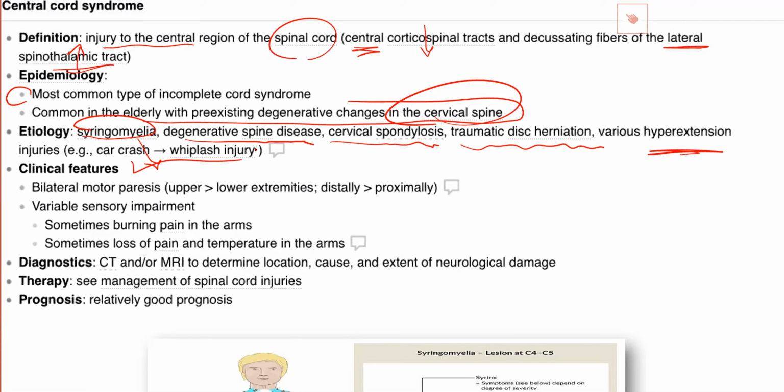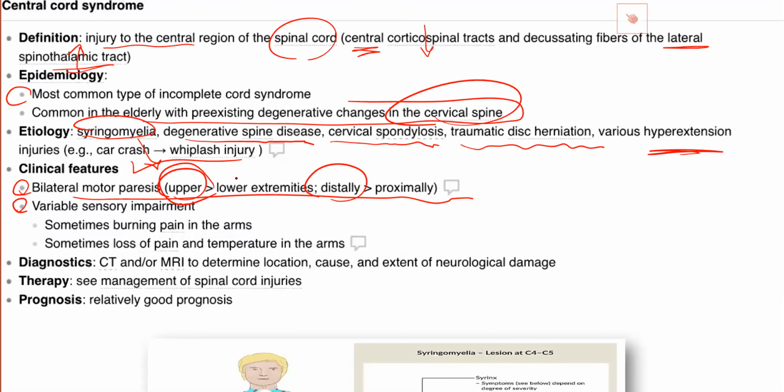What is the affection? We will have variable sensory and bilateral motor affection. Bilateral motor, upper more than lower extremity affection, distally more than proximally. Why is the upper extremity more affected?